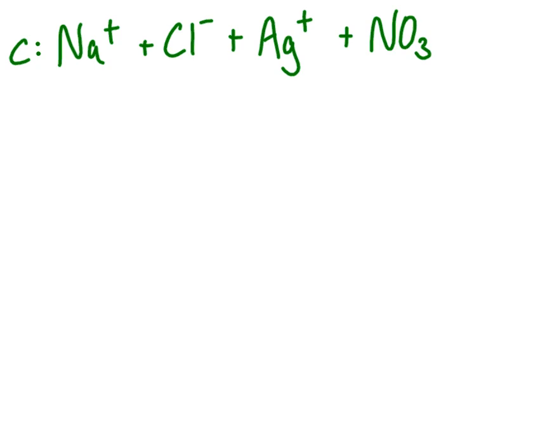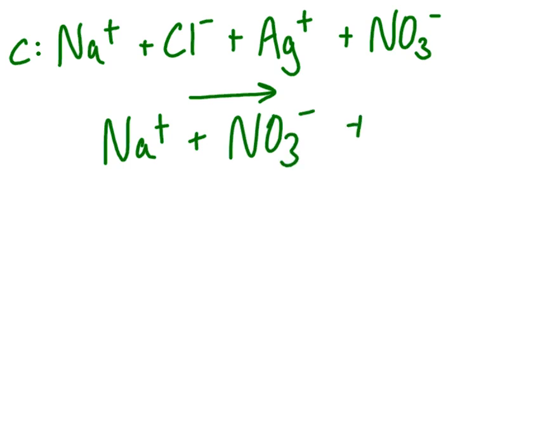Okay, and then it'll react, and I'll draw the arrow right here, and then draw the products below it. I'll end up with the sodium ion, the nitrate ion, NO3 minus, but I'm also going to end up with a solid product, silver chloride.